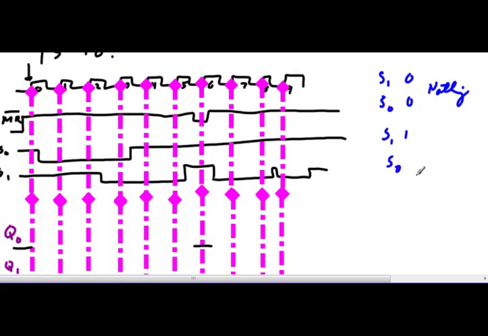When it's high and low, 1, 0, I shift left. When it's 0, 1, I do a right. And when it's 1, 1, I do a parallel load.